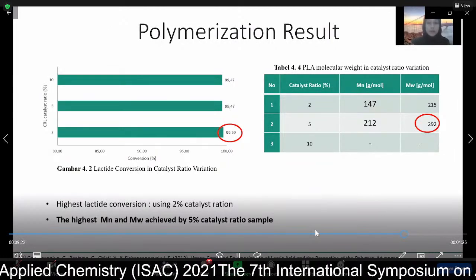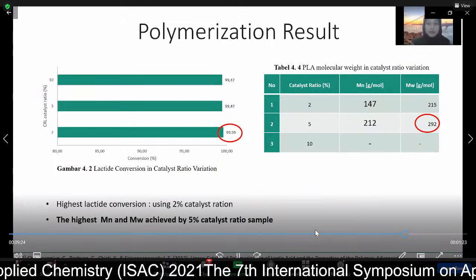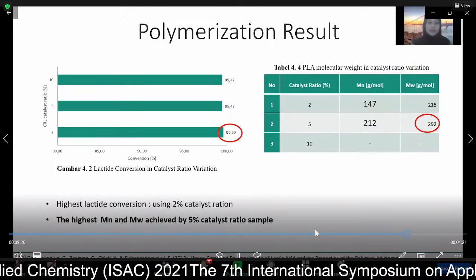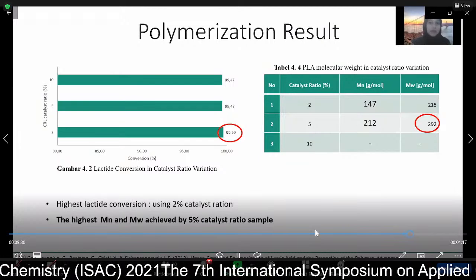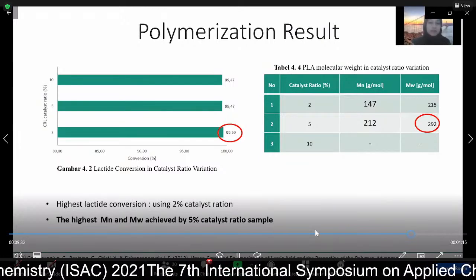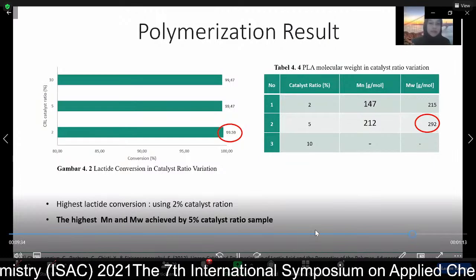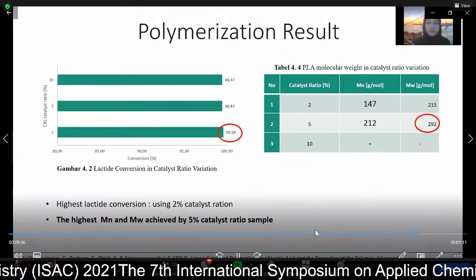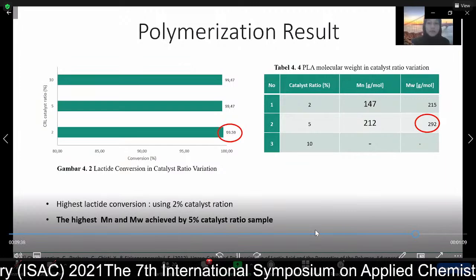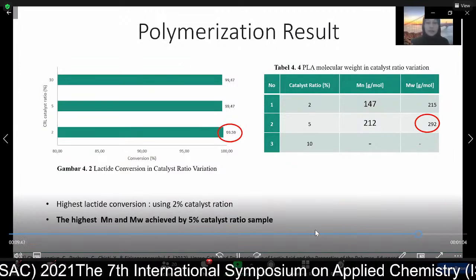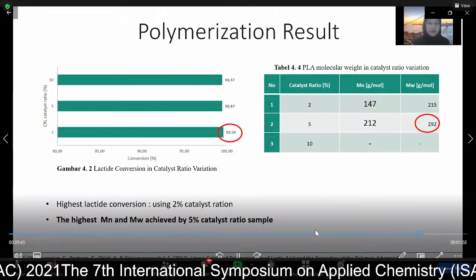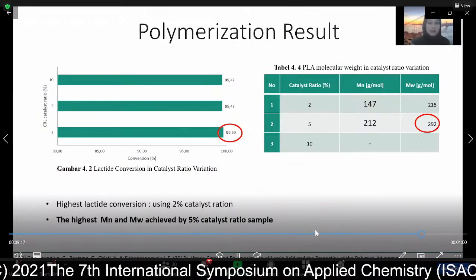However, after passing the optimum point, the catalytic activity decreases, affecting the Mn of the PLA result. In this research, increasing the catalyst ratio from 2% to 5% led to an increase in the Mn, or number average molecular weight, of the PLA.